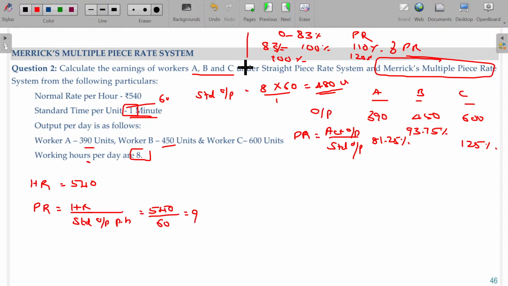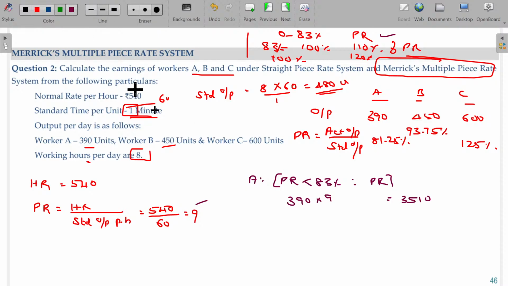Is that clear? Now for A, we offer only a what? As his performance rating is less than 83%, piece rate will be offered. 390 units, per unit piece rate being 9 rupees.